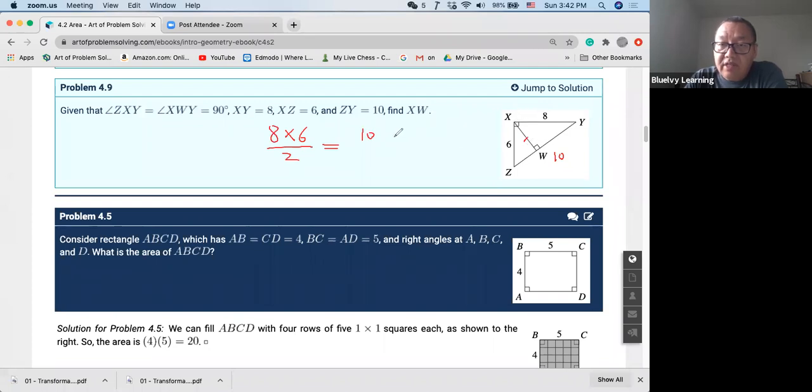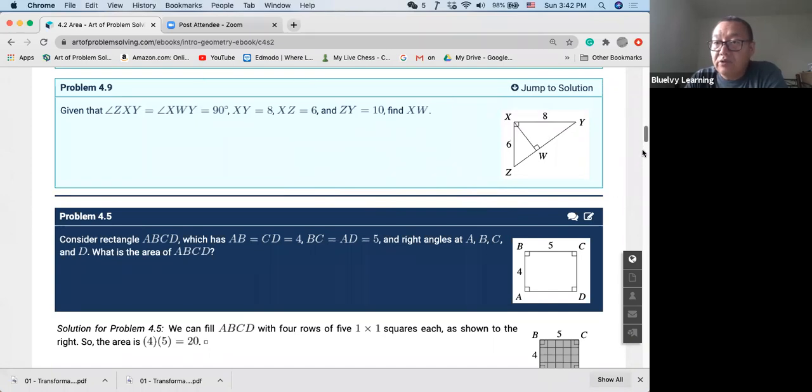Height, that's what we are looking for. That's XW. This one divided by 2. So then solve this equation, XW equals 48 divided by 10. This one equals 4.8. Also, if you write a fraction, that's 24 over 5. So then we finished this section.